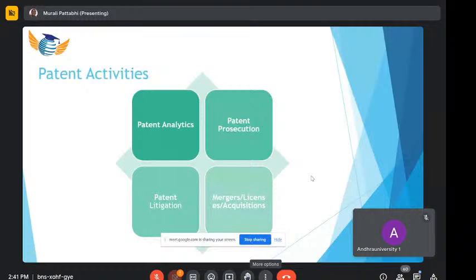Most of the time we support research and development teams of different companies. In this, searches like landscape studies, invalidation searches, freedom to operate searches, or even patent alerts with respect to a technology, all fall under this patent analytics category.